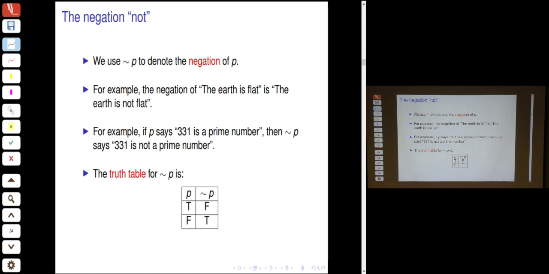So the first row reads like that, right? If the statement P is true, then the statement not P is false. And if the statement P is false, then the negation of P is true. So this again is obvious. Okay, so that's the first connective, negation, not.